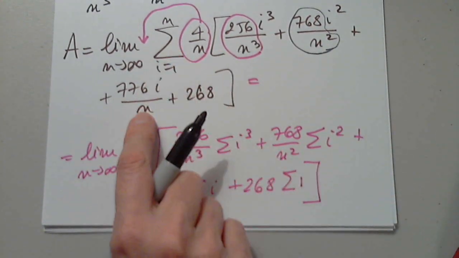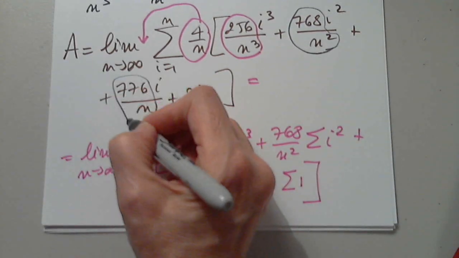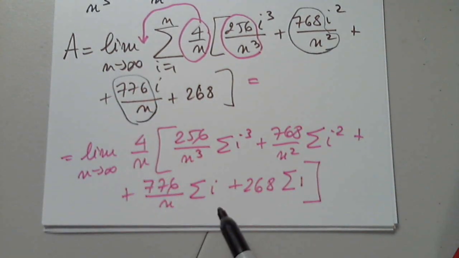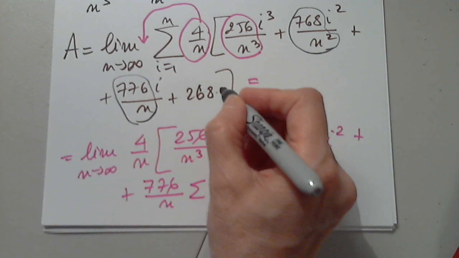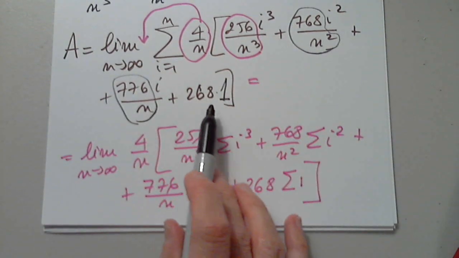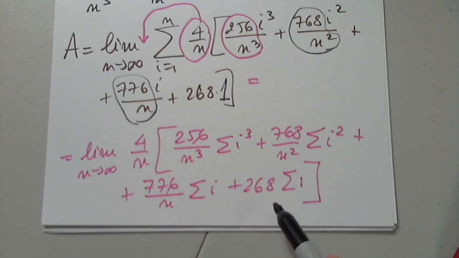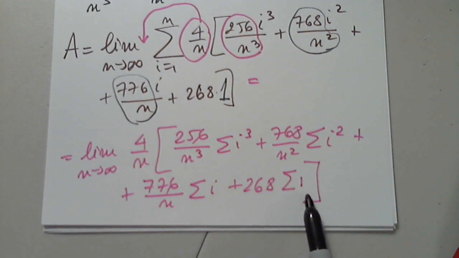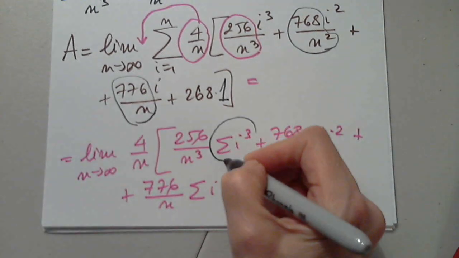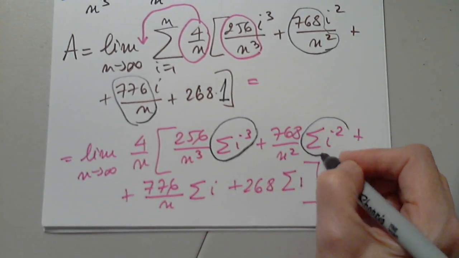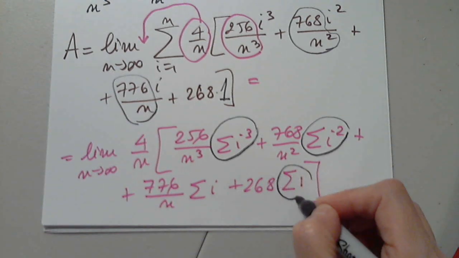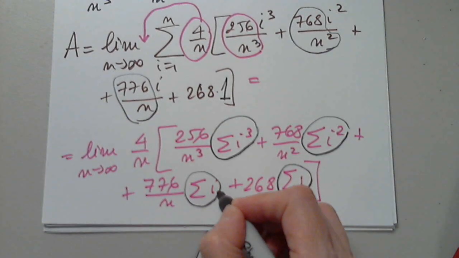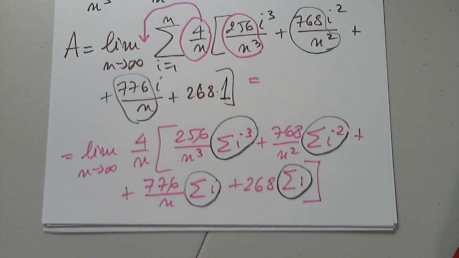When I apply the sum to this term, this is the constant that goes outside, and the sum of i. And here we understand that this is 268 times 1. When I apply the sum to this, 268 goes in front, and it's the sum of 1. That's exactly what we know. That's all we know to calculate. These are those 4 formulas from last time. Each and every one has to be replaced by what it equals.